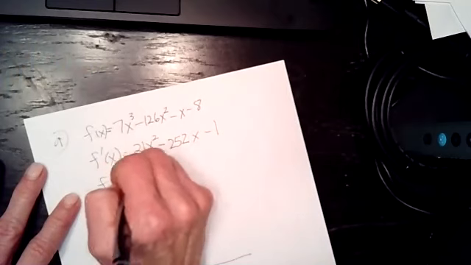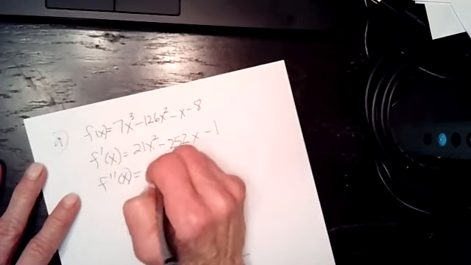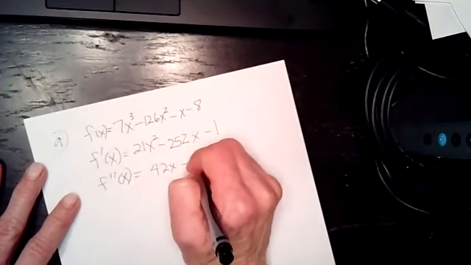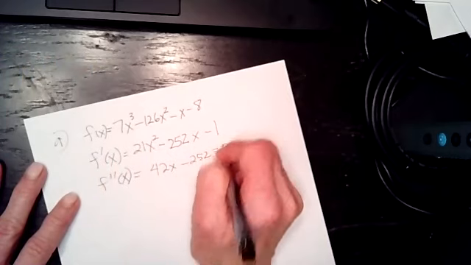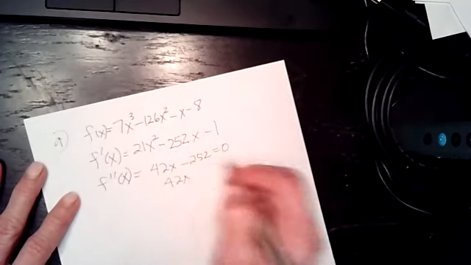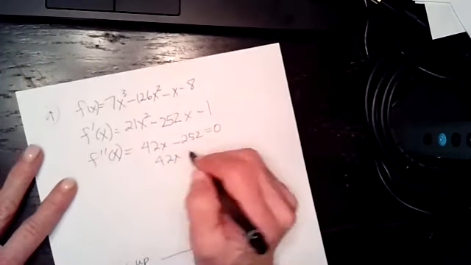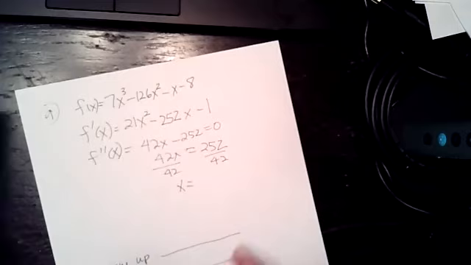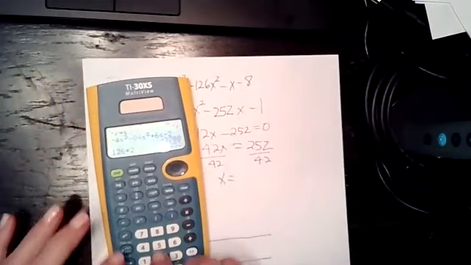I go right to my second derivative. So 42x is equal to 252. Divide by 42. So x is 252 divided by 42.